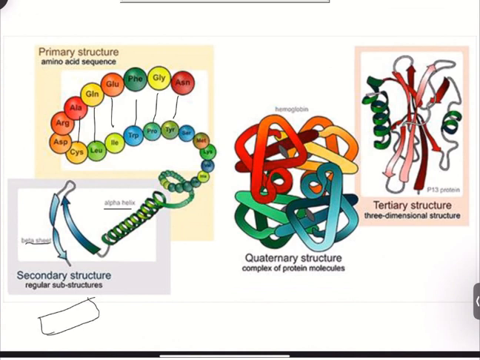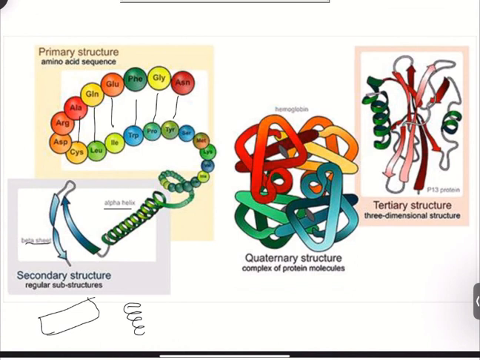Flat pleated sheet. No? Then your alpha helix is coiled. Okay, they are bonded by your other bonds, like your hydrogen bond, okay, covalent bonds to form your secondary structure of your protein.